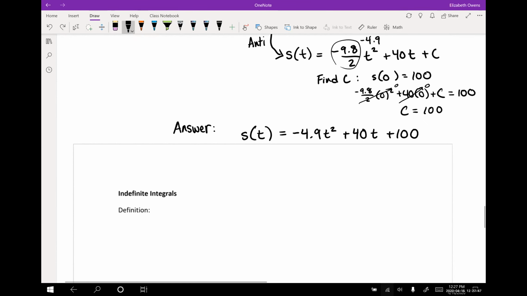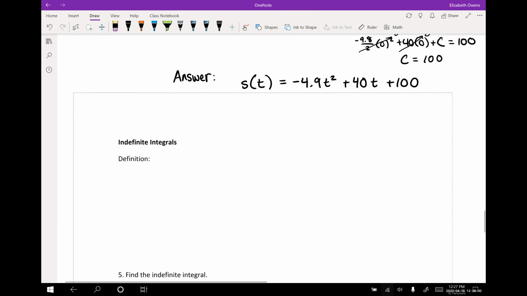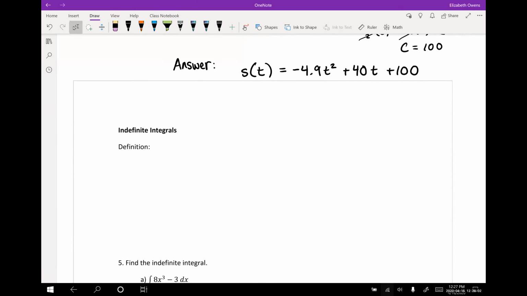Now for the last thing in this section, we are going to look at something called the indefinite integral. Okay, so indefinite integrals here. We're going to start out with our definition of these.